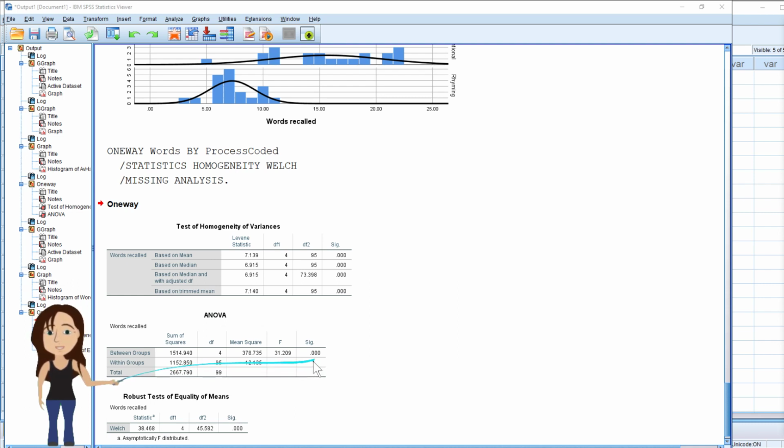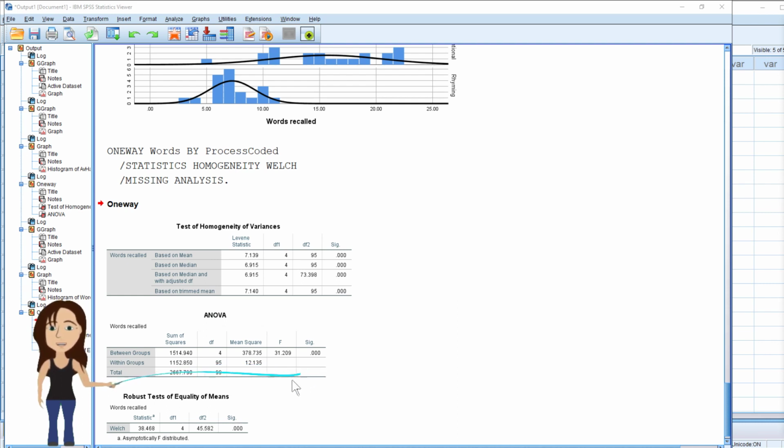So the null hypothesis for analysis of variance is that the mean number of words recalled is the same for any memory technique used. We've got very strong evidence against this hypothesis based on our sample data. So we would conclude that there is a difference in the means.